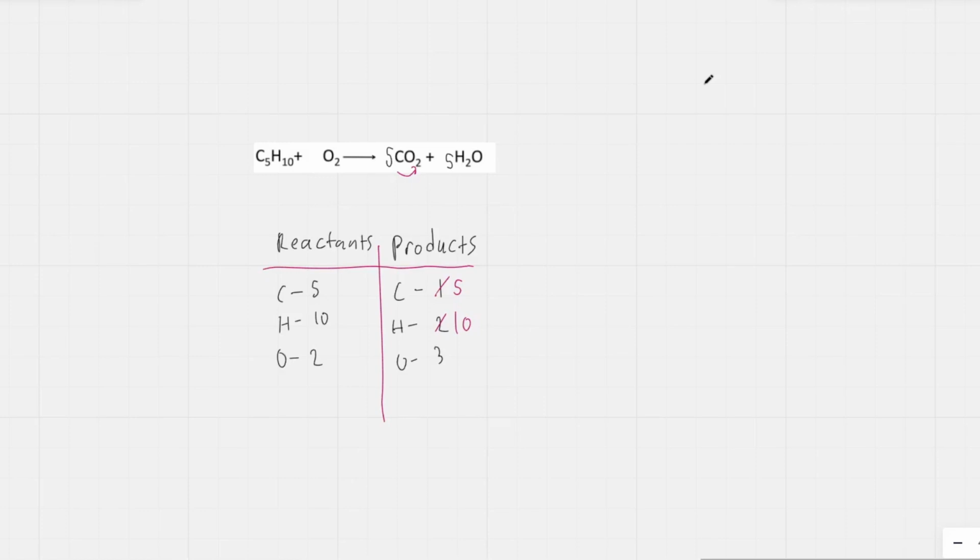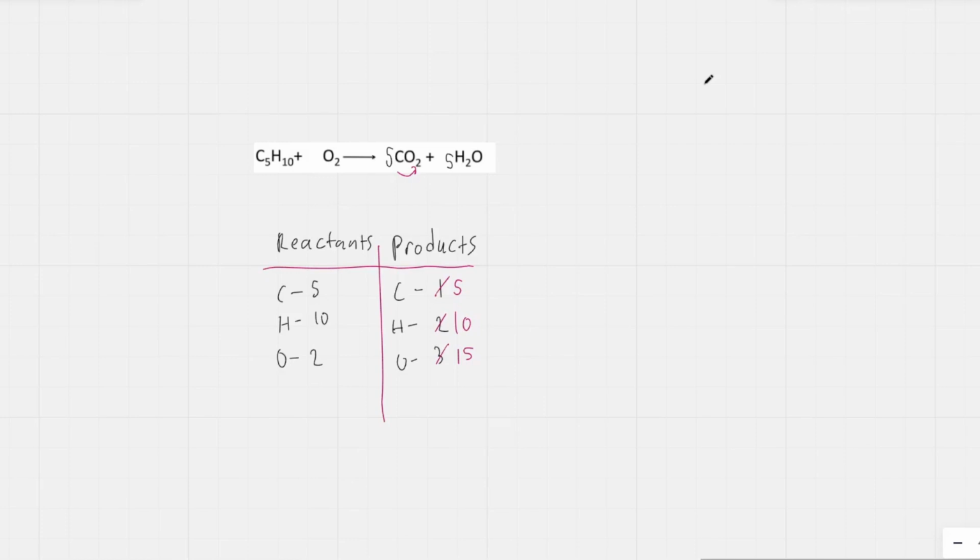Now let's calculate the number of oxygen on the left and the right. So on the left we know there's 2 oxygen, and on the right we have 10 plus 5, 15 oxygens. So let's do this, 15, cross that out, and I have 15 oxygens on the right side. All right, cool.